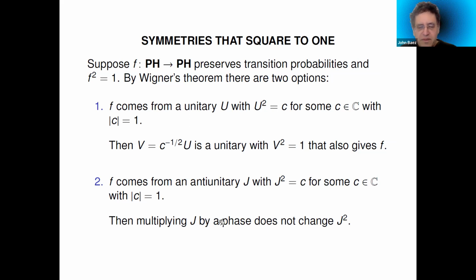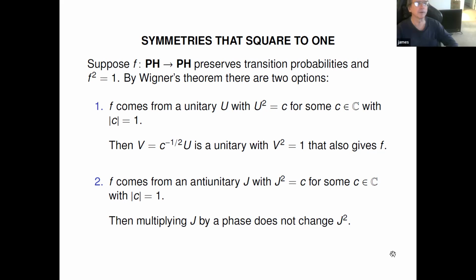But that doesn't change the square of your anti-unitary, because when you multiply an anti-unitary by a phase and then square it, you get phase anti-unitary, phase anti-unitary. When you pop that phase over the anti-unitary, it conjugates, and so you get 1. So j squared cannot be fiddled with by multiplying j by a phase in this case.